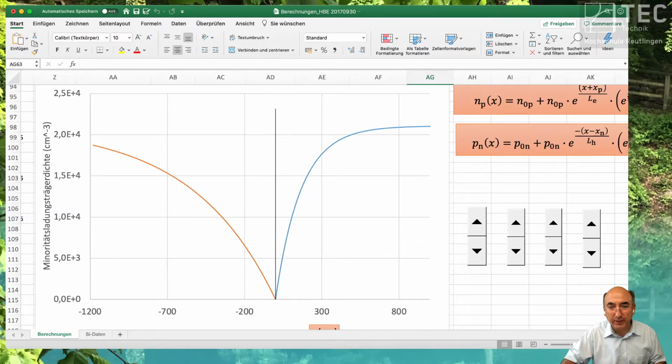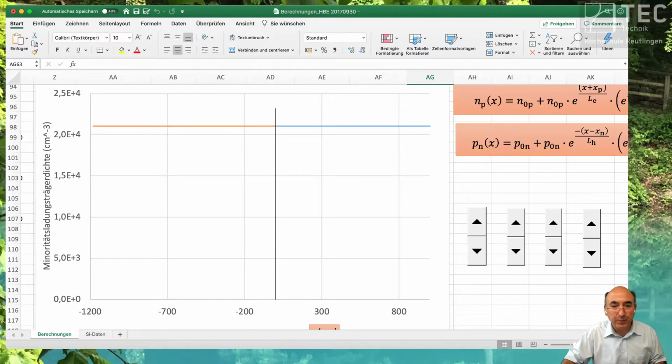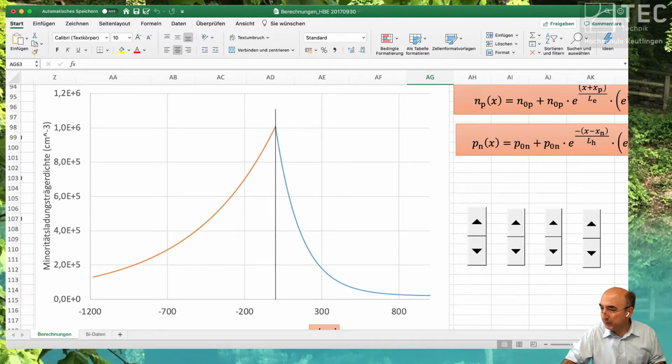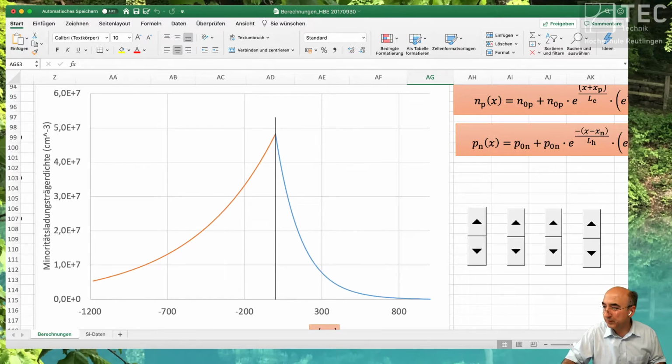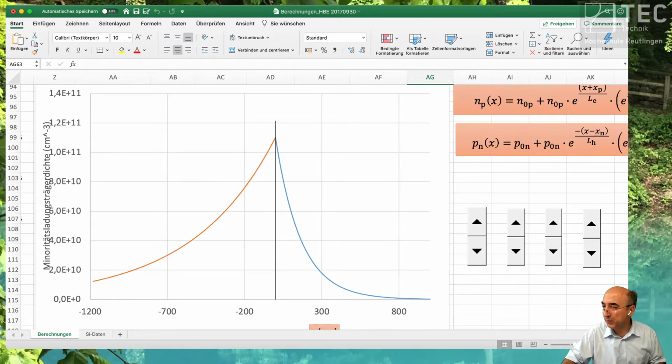Now I apply a positive voltage. Take a look at this value. 0.2 volt, 0.3 volt, 0.4 volt, 0.5 volt, 0.6 volt.